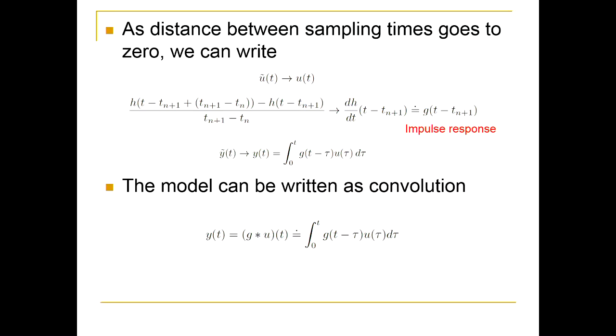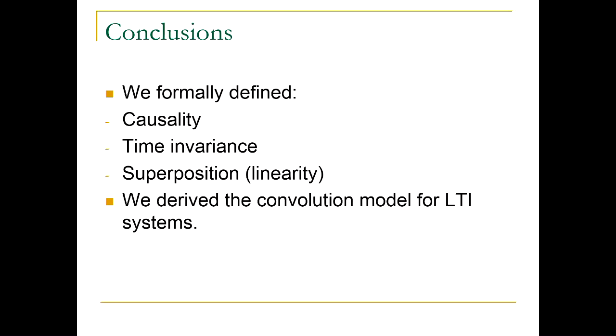So look, what we did today was look at formal definitions of causality, time invariance, and superposition. Just to remind you, causality means that future inputs do not affect current and past outputs. So the future doesn't affect the present and past, right? That's what causality means.